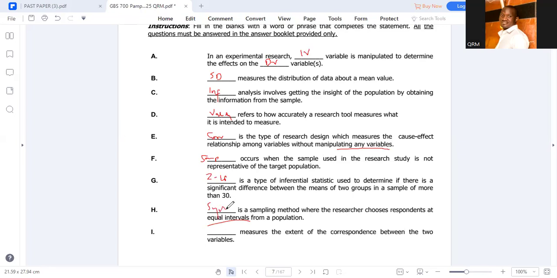And finally, dash measures the extent of correspondence between two variables. Correlation. Yes, correlation, correct. See, people were very attentive.